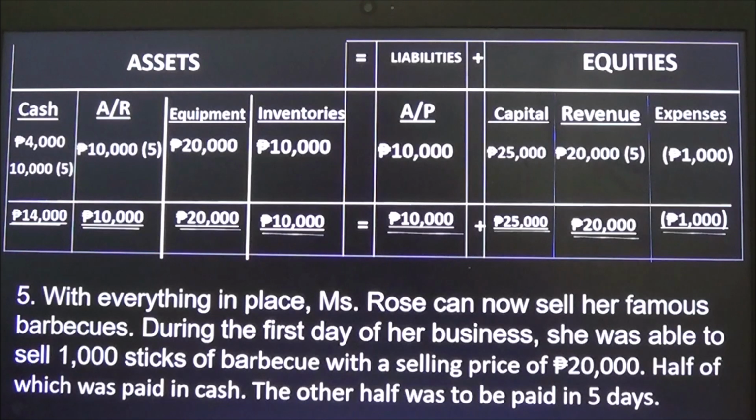So if we are going to total it, 14,000 plus 10,000, 24,000, plus 20,000, 44,000, plus inventories, 54,000.